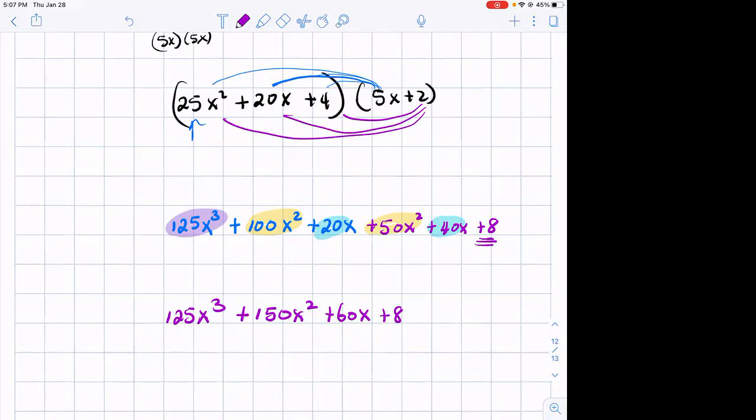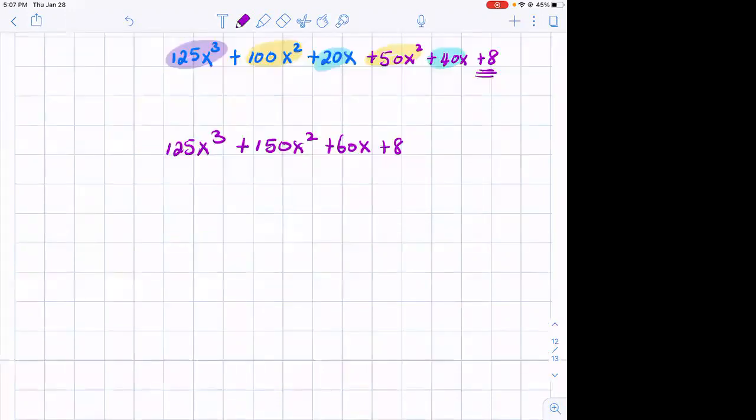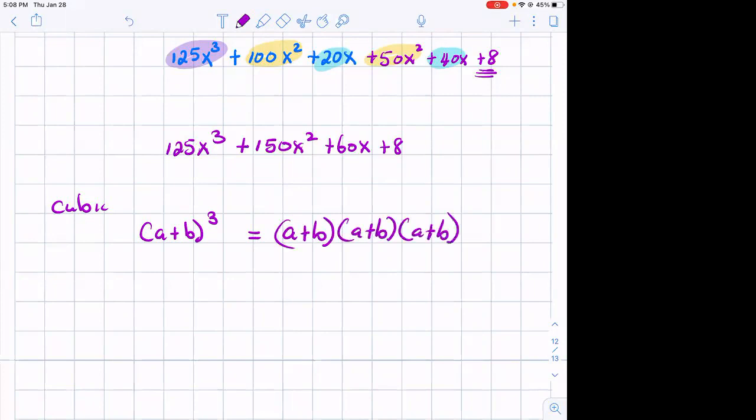So now, what is the formula for cubic? And if we apply that formula, what do we get? Well, the cubic formula: what happens if we have a plus b quantity cubed? Well, this we know is the same as a plus b times a plus b times a plus b.